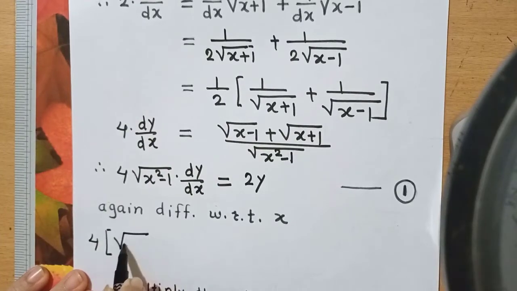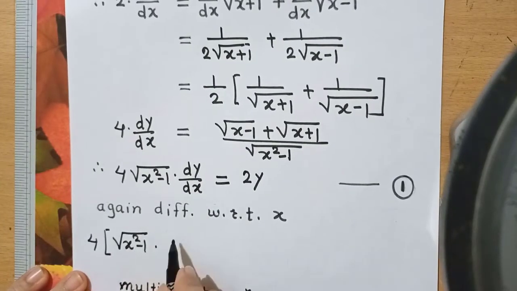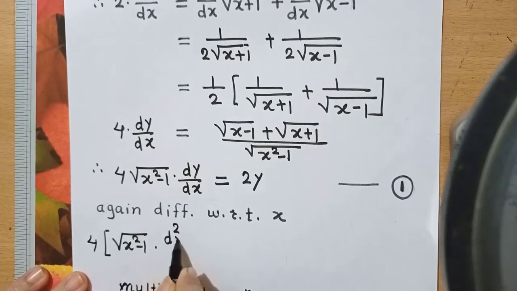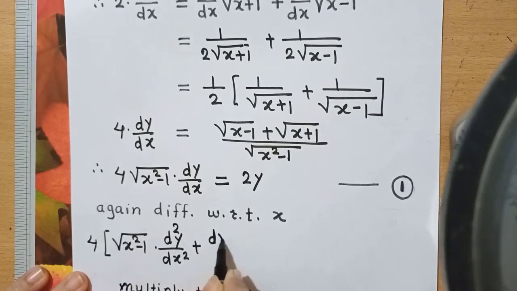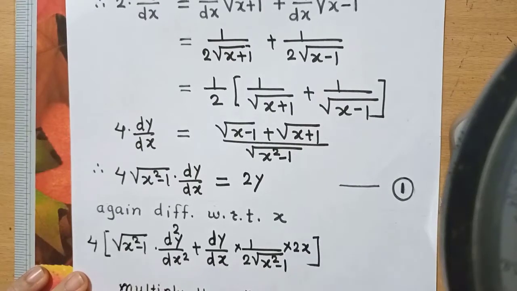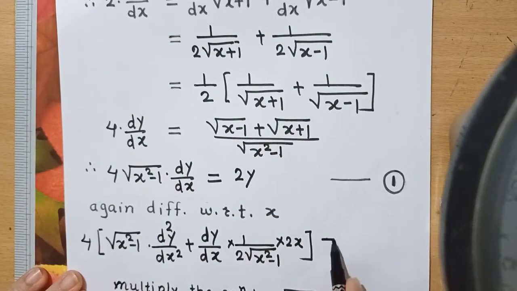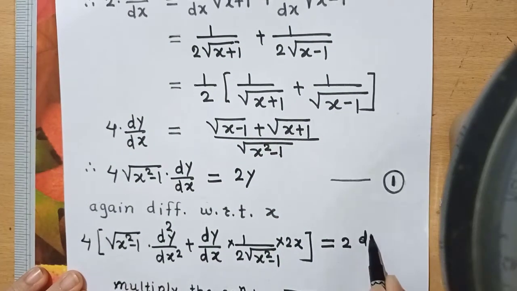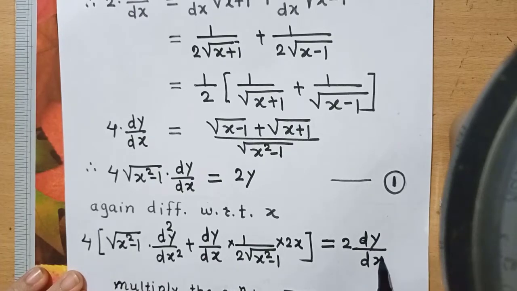First term as it is, x square minus 1, derivative of second term which is d square y by dx square, then second term as it is, dy by dx, and derivative of this is 1 upon 2 root x square minus 1, and again the derivative of this is 2x, and in the right hand side 2 into dy by dx.